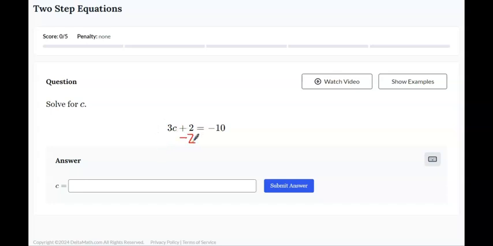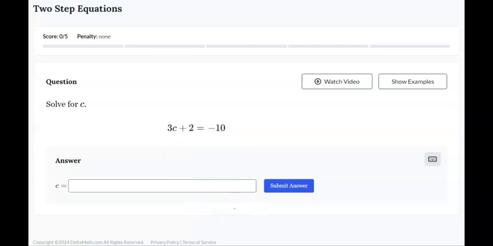But most students like to get rid of the adding and subtracting first. Watch your signs. Once you have gotten rid of your constant, you can move on to the coefficient. Don't forget the opposite of multiplying is dividing. So I'm going to divide by 3, and I'll get my final answer.